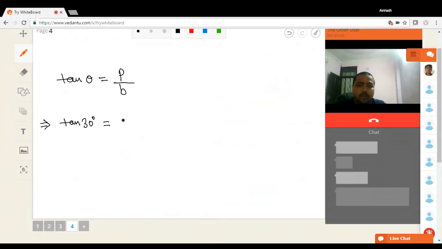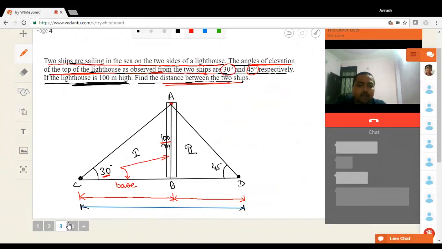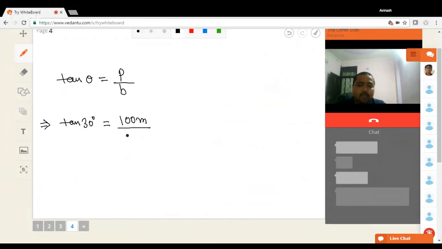So we will write it down here, perpendicular as 100 meter. We don't know the base, so we will write down CB, as we have considered CB as the base. Now we can see the value of tan theta.